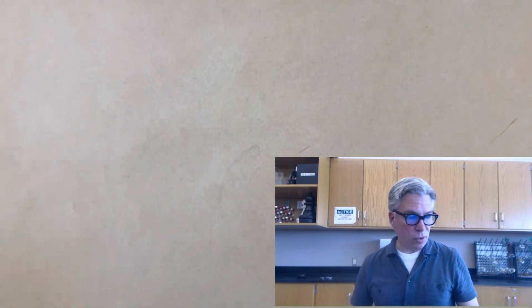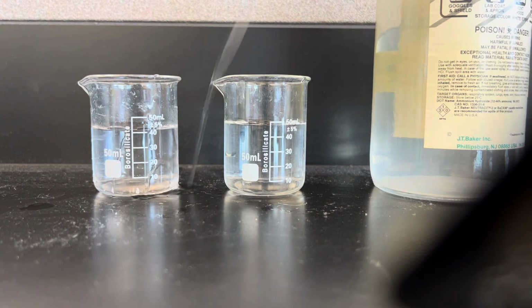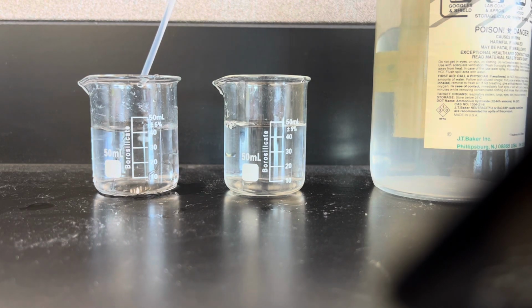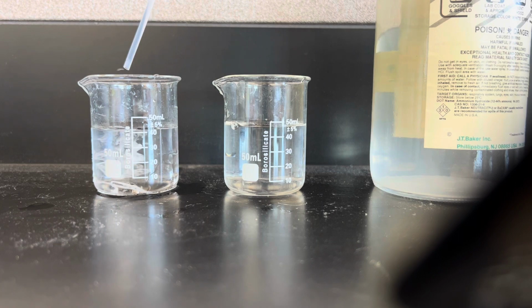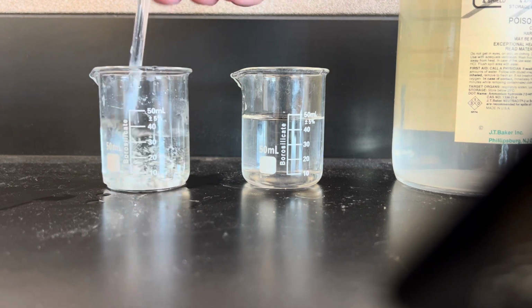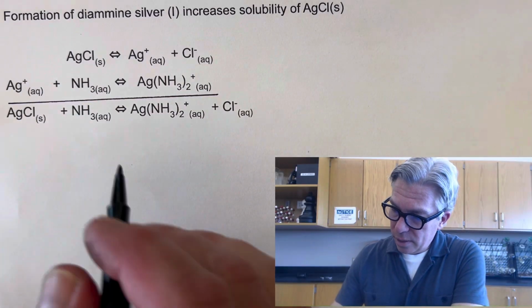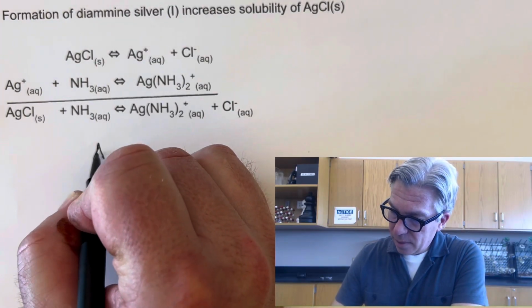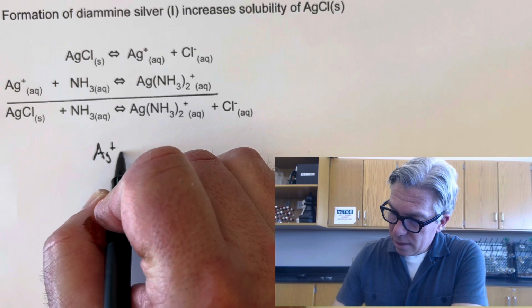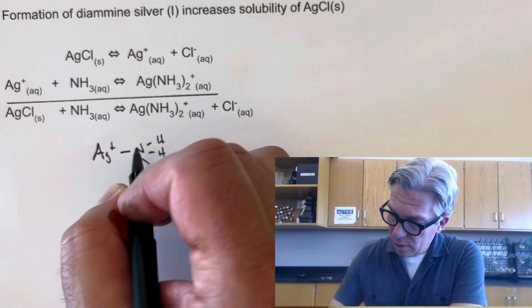Some silver chloride. Silver chloride is insoluble for the most part, although a tiny amount of it does dissolve. But if I have the silver chloride and I want to get it to dissolve, one of the things I can do is add the ammonia to it in the same way as I might add it to the copper. And what the silver ion does is it forms 2 attractions to 2 ammonia molecules.